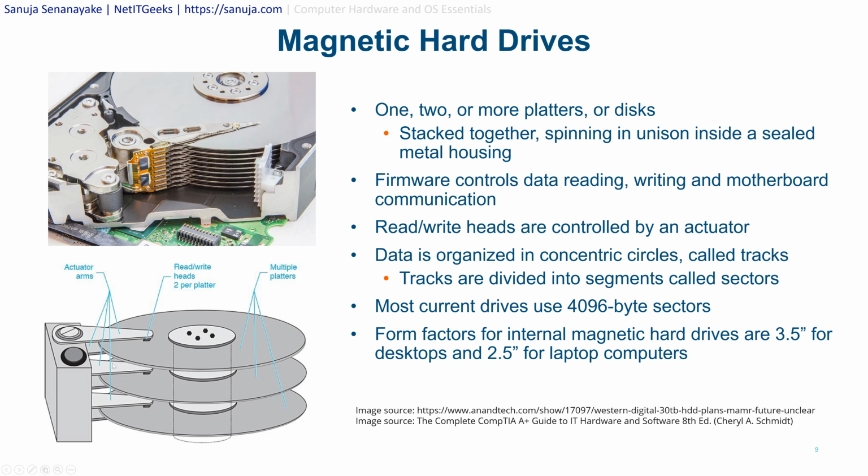They go across these multiple platters at the same time, reading data as they go back and forth. This is one of the reasons why magnetic hard drives are a little bit slower compared to solid state drives, because they have a lot of mechanical components that have to work together in order to read and write data onto these drives.